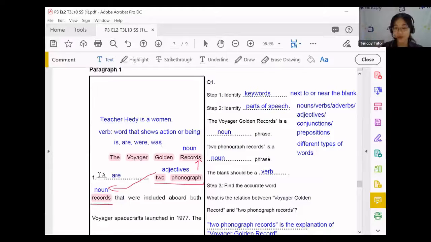Always highlight or underline them first so you don't forget to notice those keywords. Then, think about what type of word they are. Think about the parts of speech.